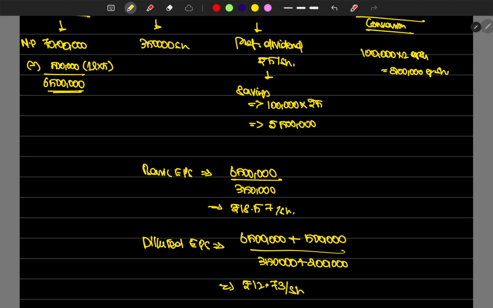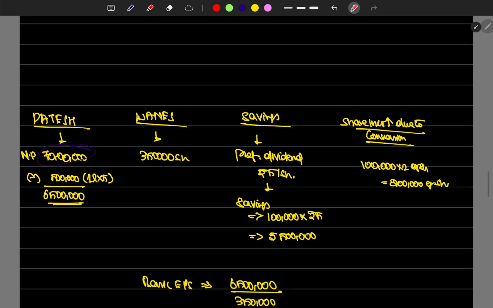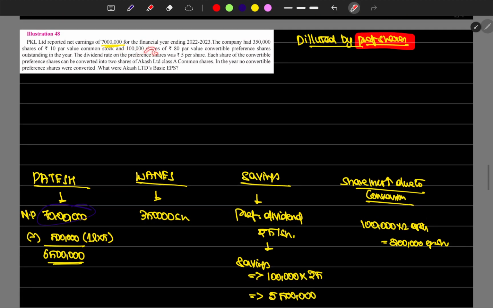diluted EPS per share. Okay, so in the question they are given the net profit, but we came to know that the company is having preference shares also. The company is paying rupees 5 for every preference share. So we found out that the preference dividend is 5 lakhs.